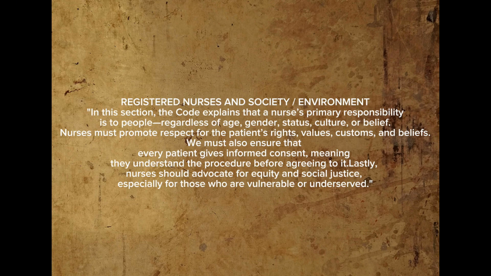We must also ensure that every patient gives informed consent, meaning they understand the procedure before agreeing to it. Lastly, nurses should advocate for equity and social justice, especially for those who are vulnerable or underserved.